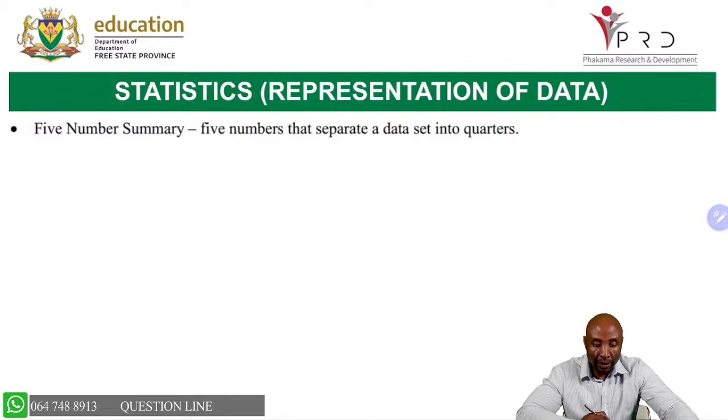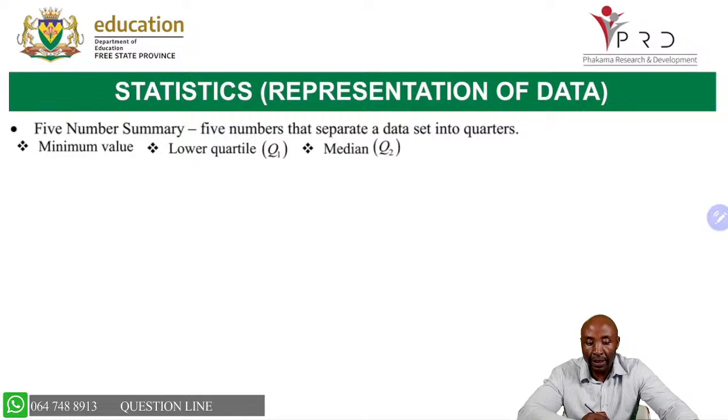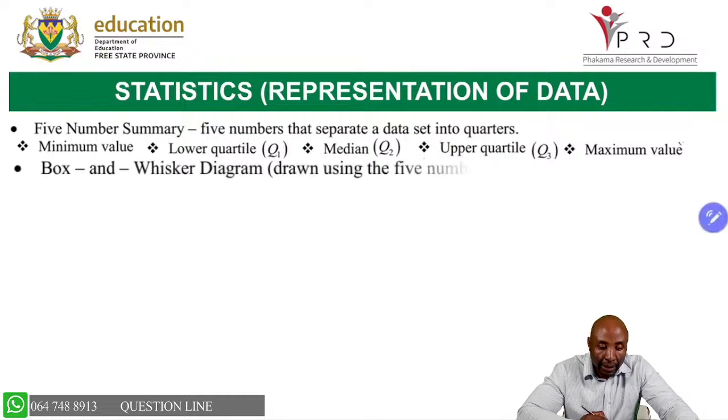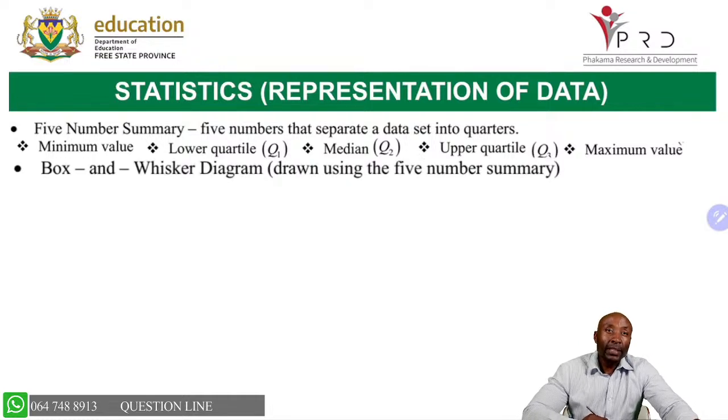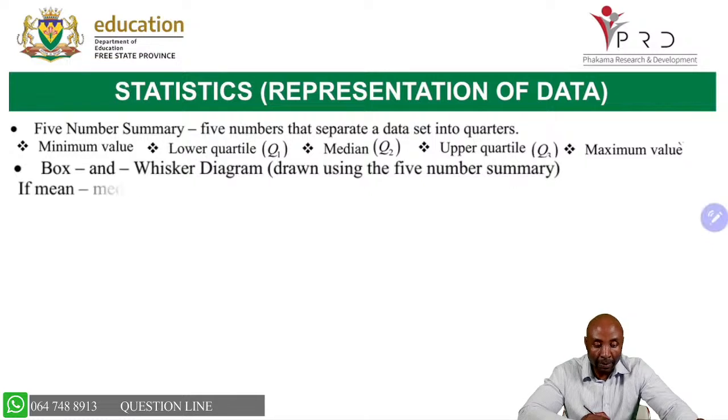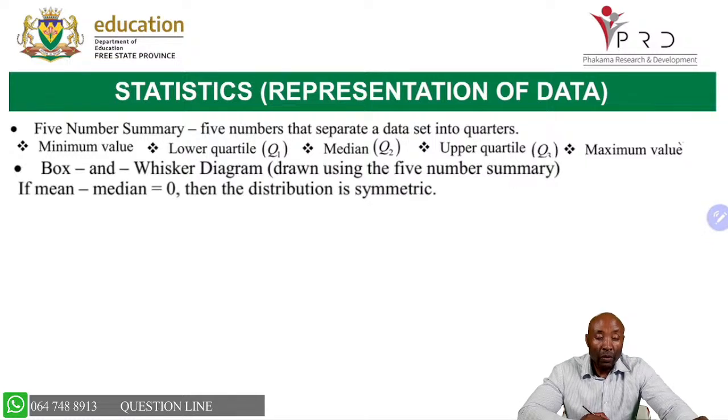We move forward. We have a 5-number summary. In our 5-number summary, we have the minimum, lower quartile, median, upper quartile, and the maximum. And we represent our data in a box and whisker plot using the 5-number summary. Now, we comment on the skewness of the data by comparing the mean and the median.